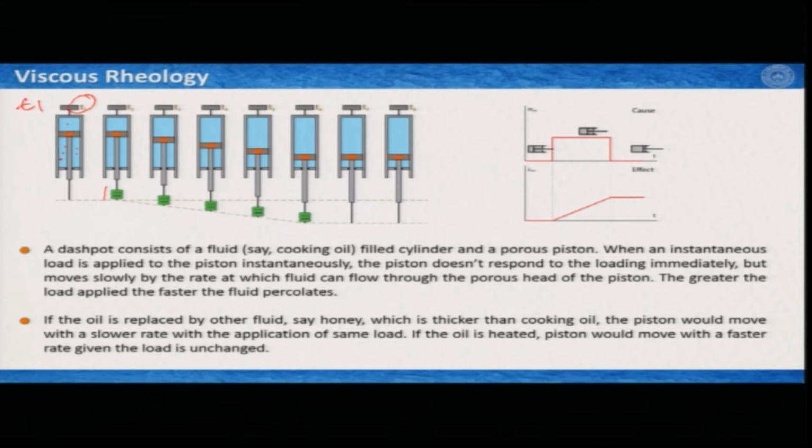When you apply this load to the piston, unlike elastic materials, the piston does not come down immediately. I keep this load constant, and then I see the piston slowly moving down. This is how it happens, and you can see that the load is constant in all stages.